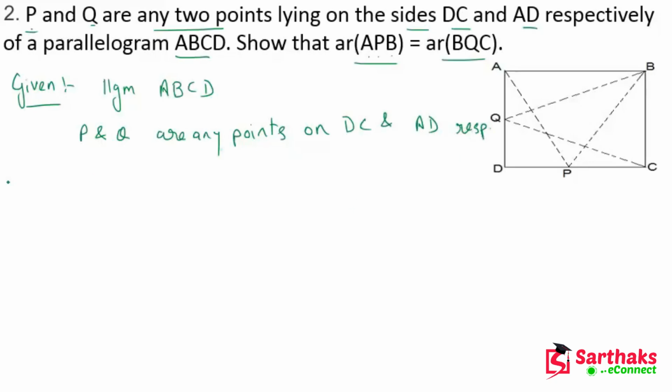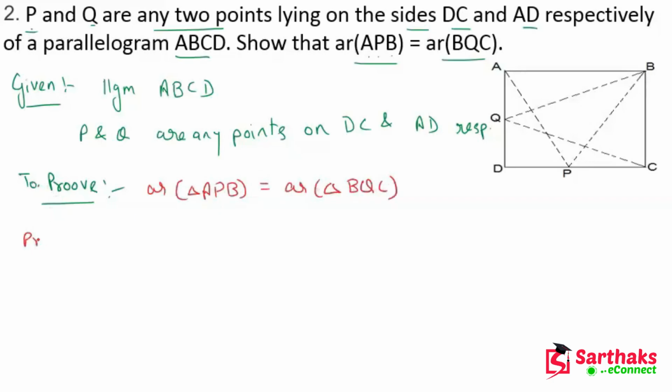We have to prove that area of triangle APB is equal to area of triangle BQC. Yes, so now let's start to prove this question.